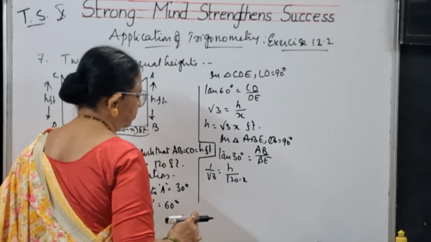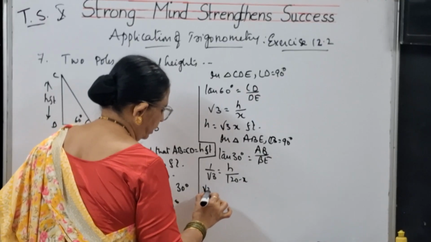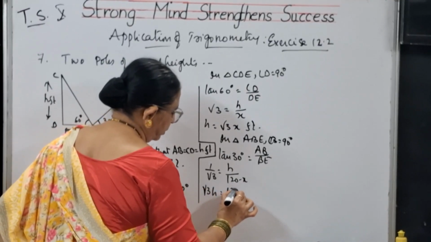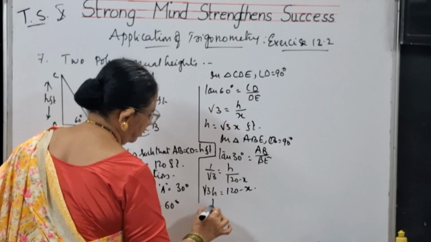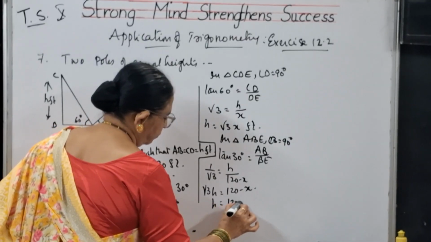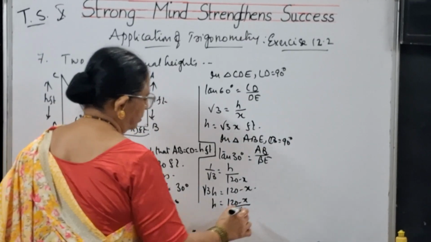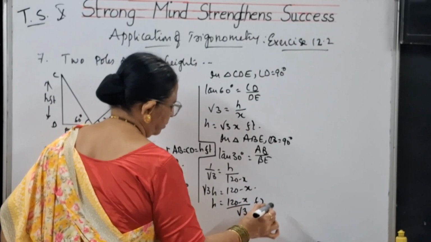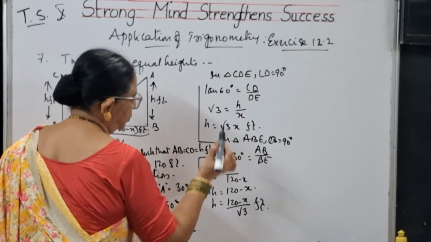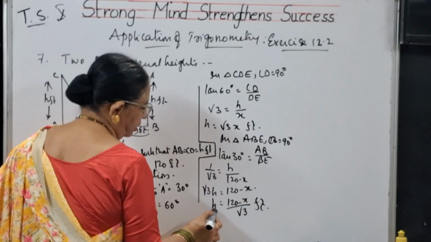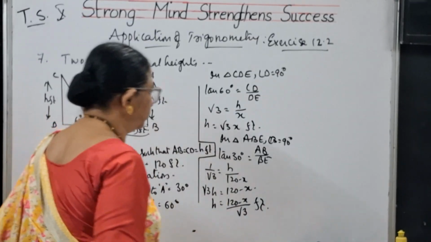Now, root 3 H is equal to 120 minus x, so H is equal to (120 minus x) by root 3. See children, H is equal to root 3 x, and H is equal to (120 minus x) by root 3.